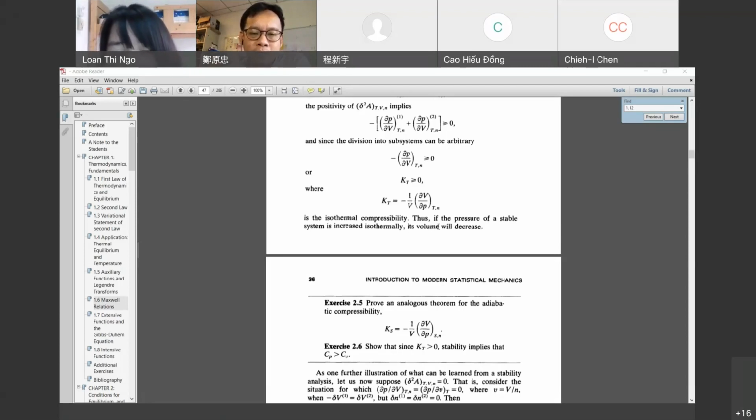But we can define another compressibility: instead of a fixed T, we can fix entropy, by performing the experiment under adiabatic conditions. If there is no heat exchange, there is no entropy change.